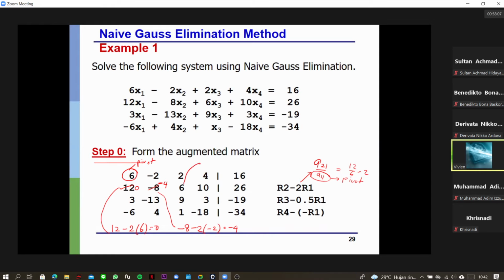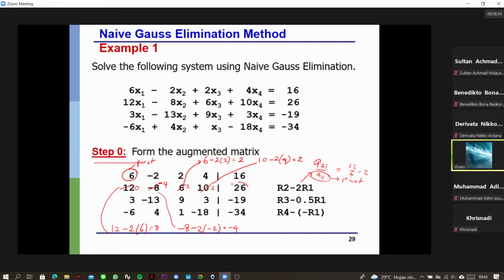Now the third element: 6 minus 2 times 2, which is 4, so 6 minus 4 is 2. Next we have 10 minus 2 times 4, which is 8, so 10 minus 8 is 2.